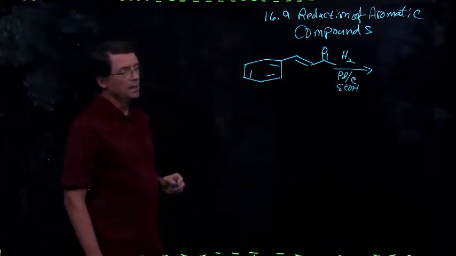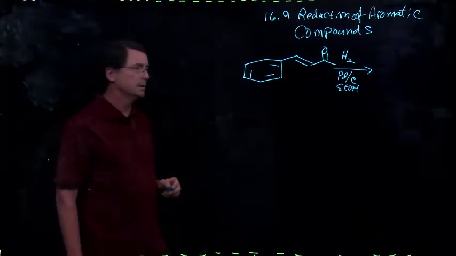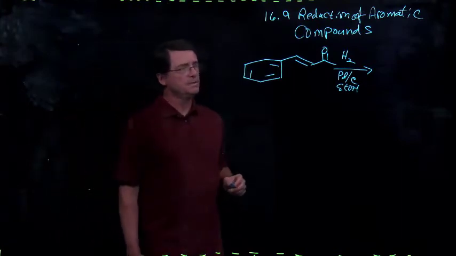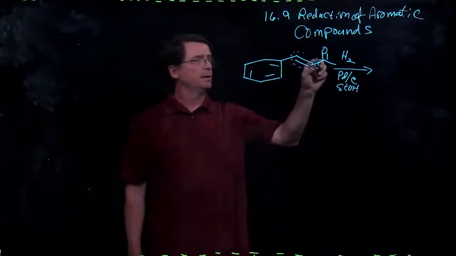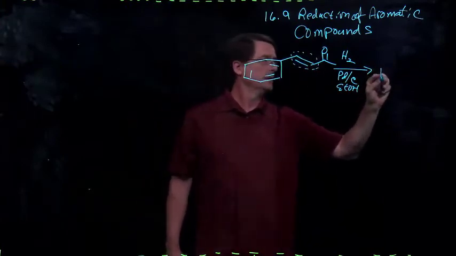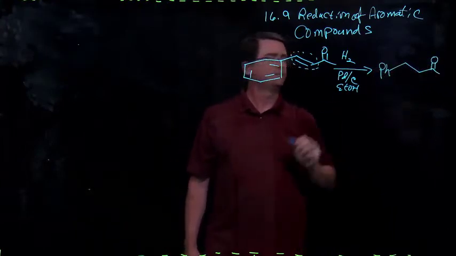Alcoholic solvents are good for hydrogenations because hydrogen is very soluble in alcohols. We get reduction of this double bond, and the product retains the aromatic ring.